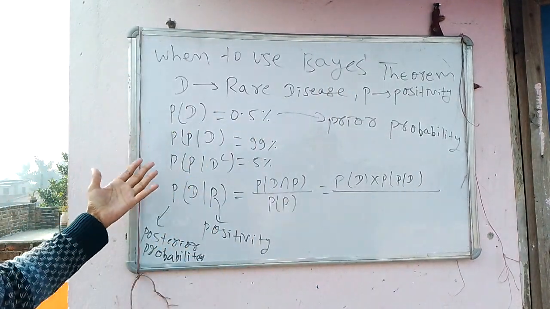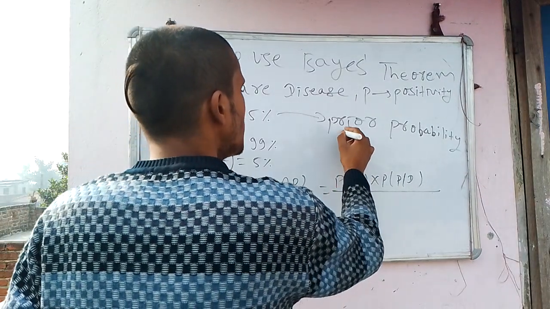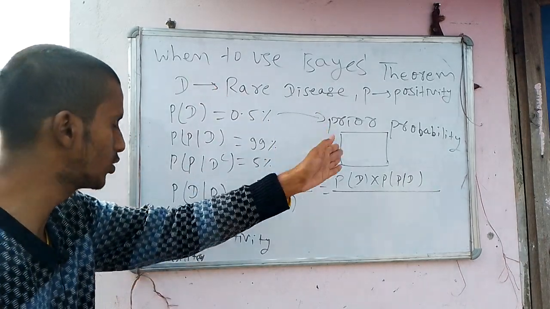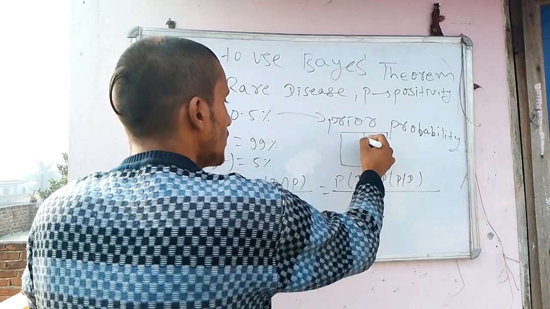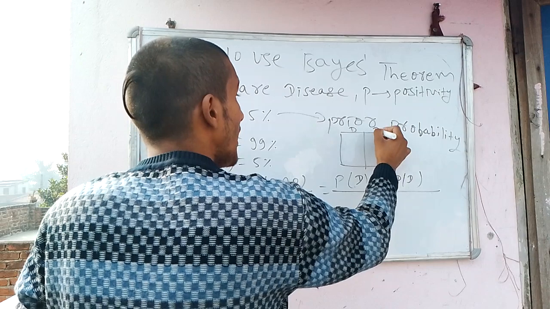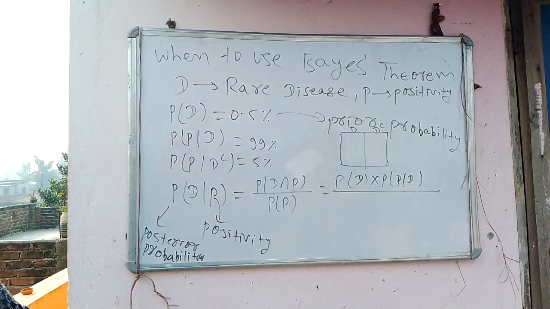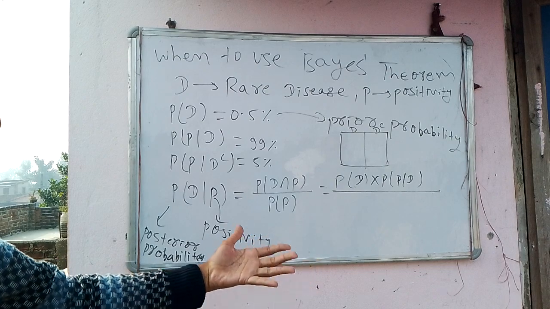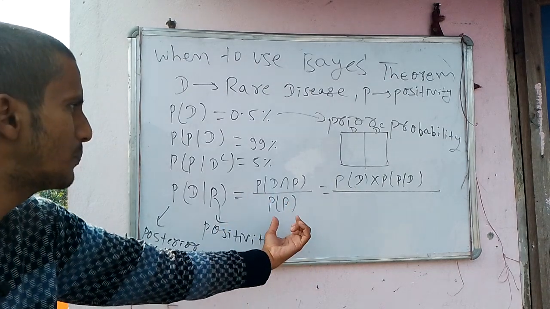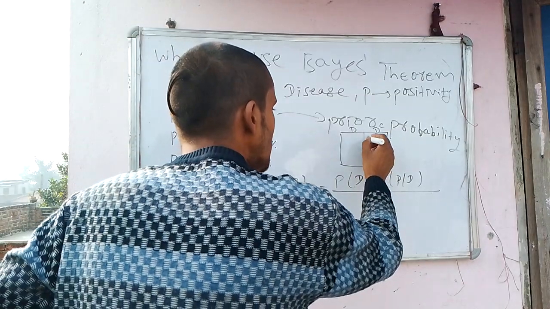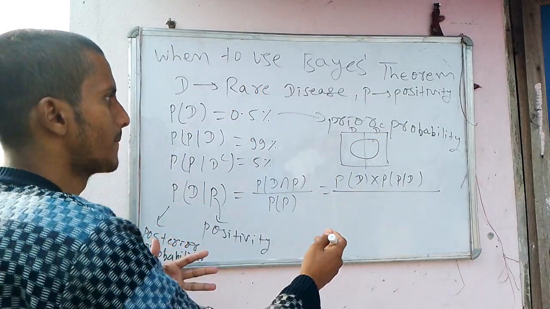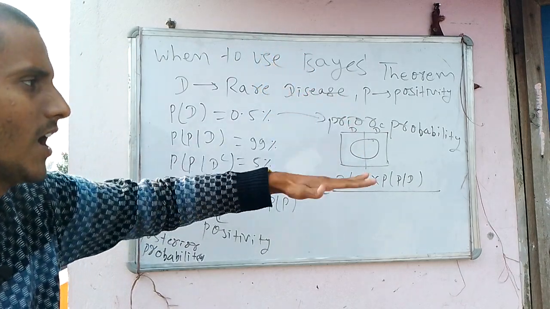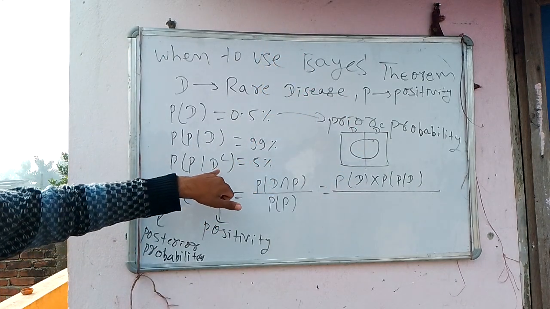What will be the probability of P? So what are the mutually exclusive events here? D and D complement: people who have the disease and people who don't have the disease. Positivity is also shown for people who have the disease, and positivity is also shown for people who don't have the disease.